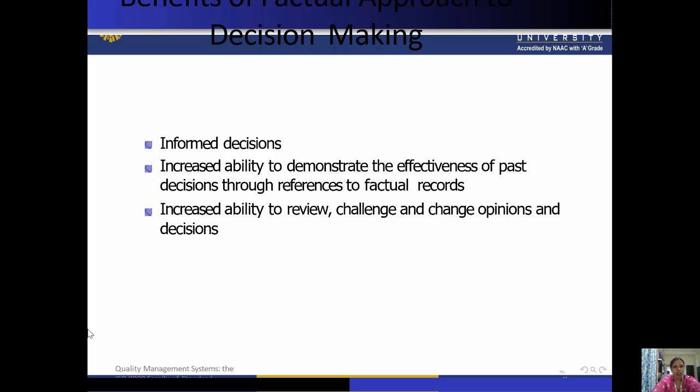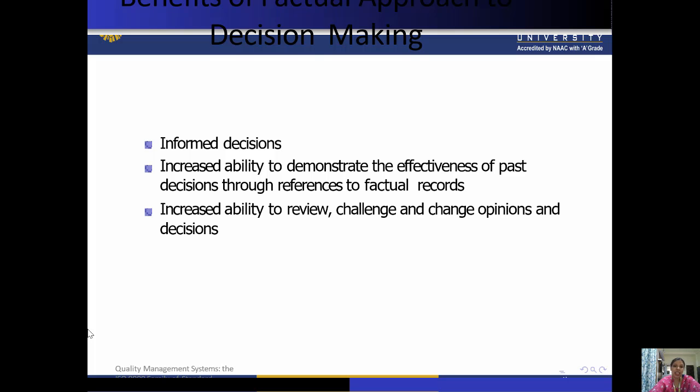There are multiple benefits, of which the first one is informed decisions. Because we are taking decisions on the basis of data gathered, decisions are always informed decisions.